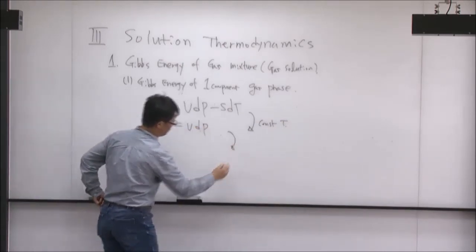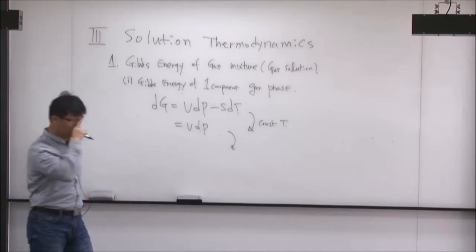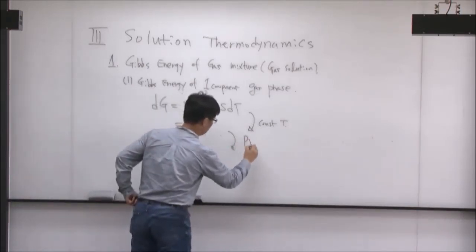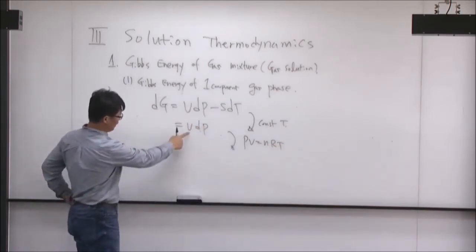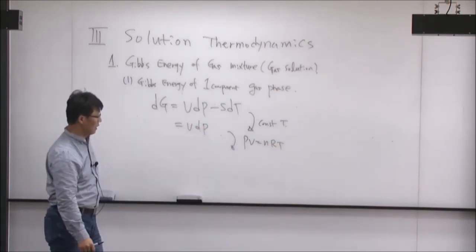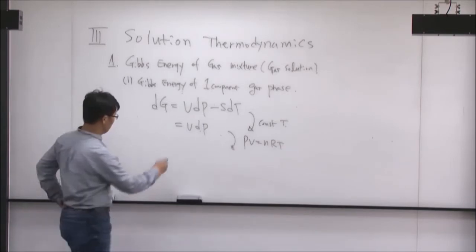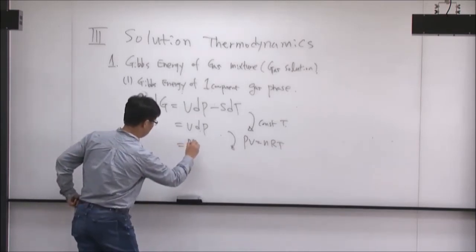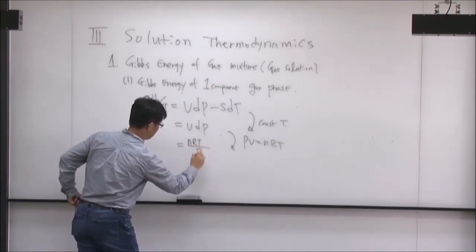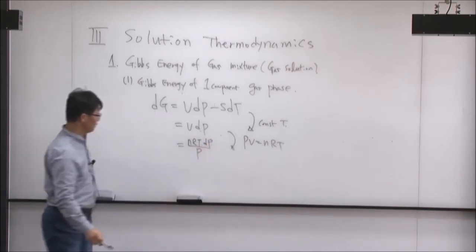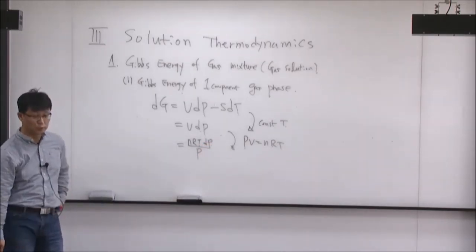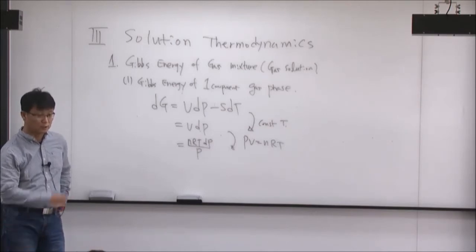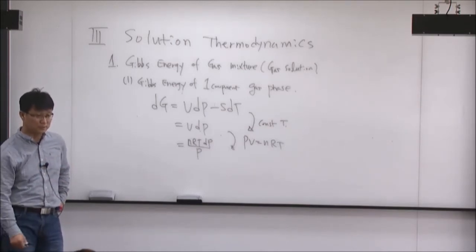Now if we use the ideal gas law, we can change V to nRT over P. Here n is the number of moles of the gas phase, so let's assume 1 mole of gas phase.